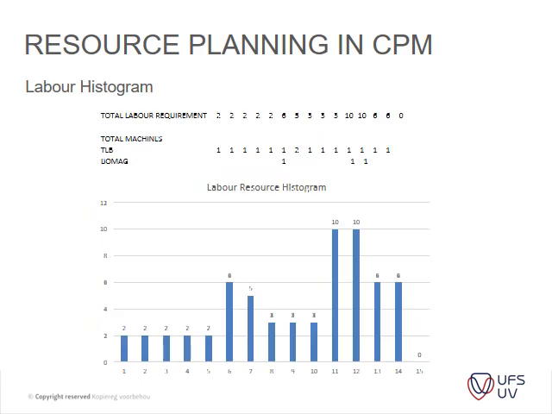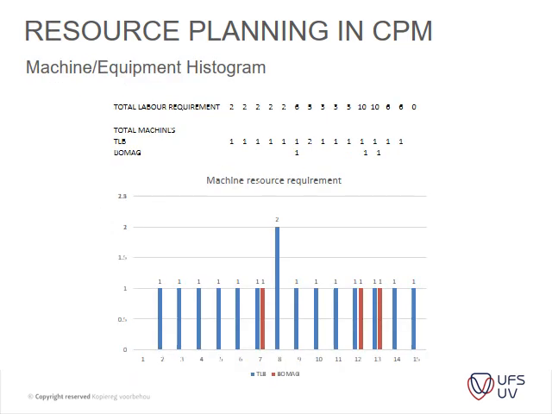Okay, so you can see the labor histogram is drawn out, same as the previous one, and then you can see your machinery, which is drawn out here. You need one Bomag and one TLB.